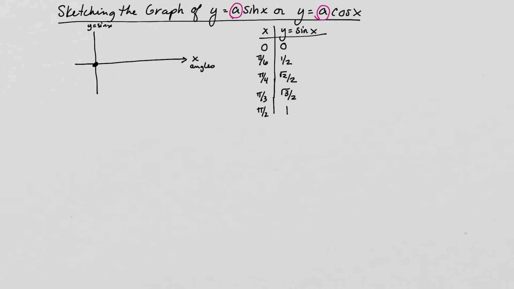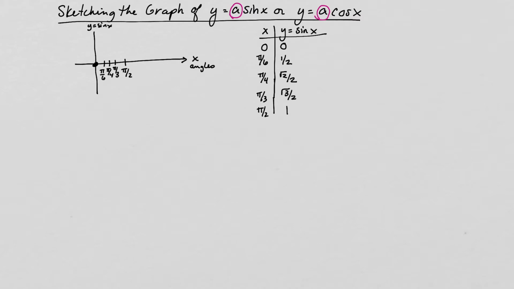If we think of this out here as pi over 2, and we have some values in between, halfway through here is pi over 4, and pi over 6 and pi over 3 are close to pi over 4.